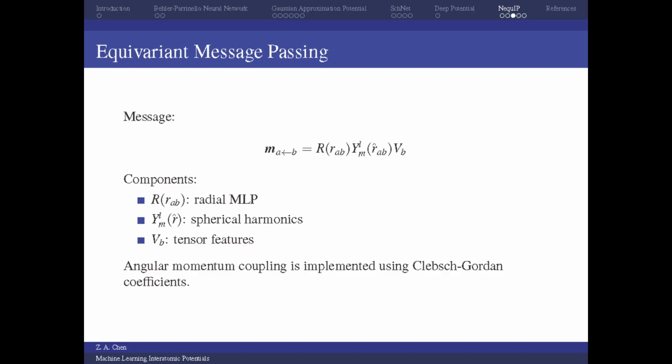Message passing now explicitly includes spherical harmonics. Here R is a radial neural network, Y are spherical harmonics, and V contains tensor features from neighboring atoms. Angular momentum coupling is implemented using Clebsch-Gordan coefficients.